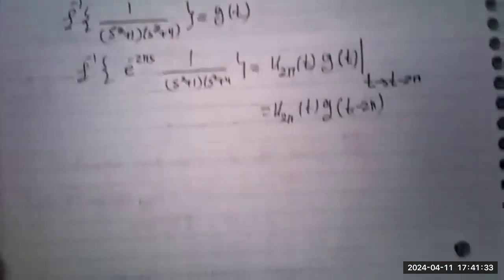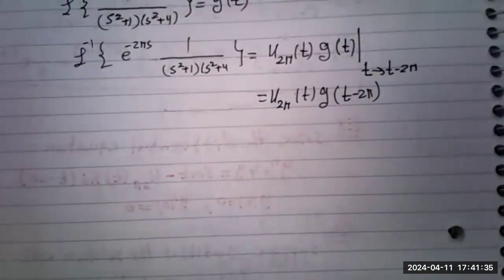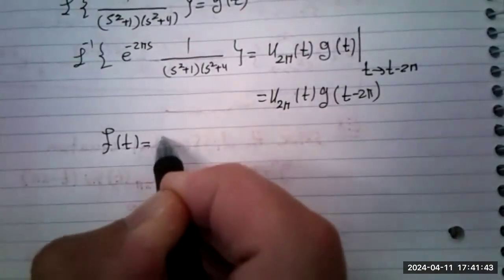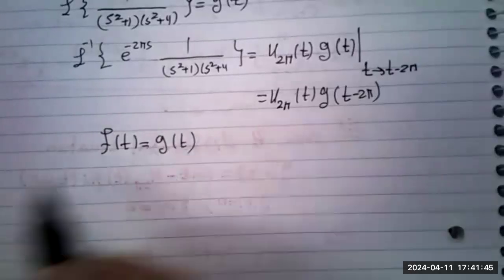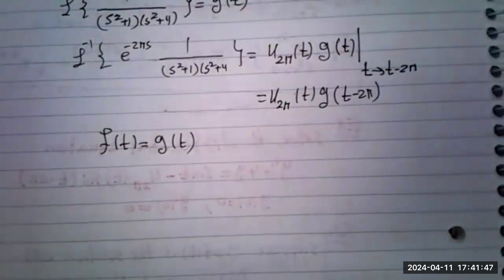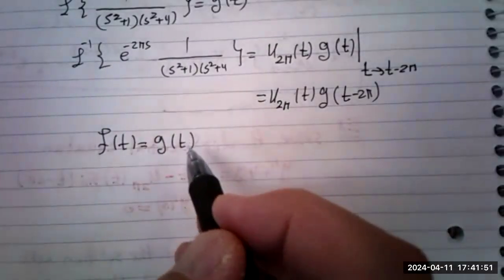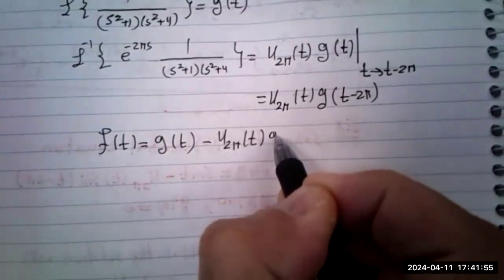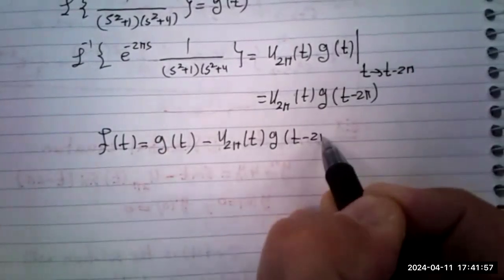You don't have to repeat it if you write in terms of g. If you don't like it, list it and use the formula. So in this form, the final answer is f of t equals g of t. Remember, when we break it into parts, there's a negative sign in between: g of t minus u_2π(t) g of (t minus 2π).